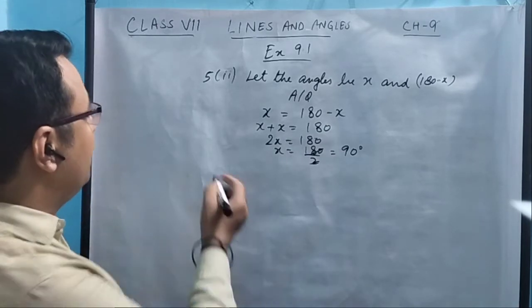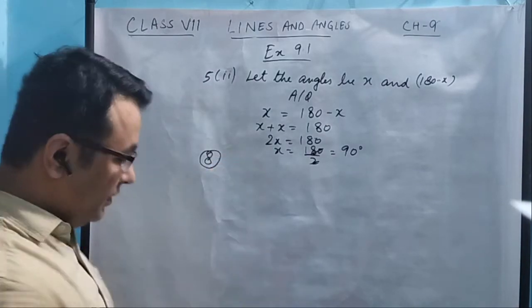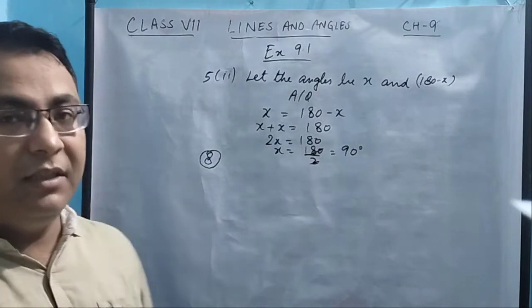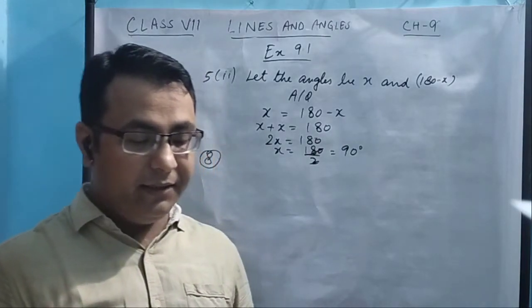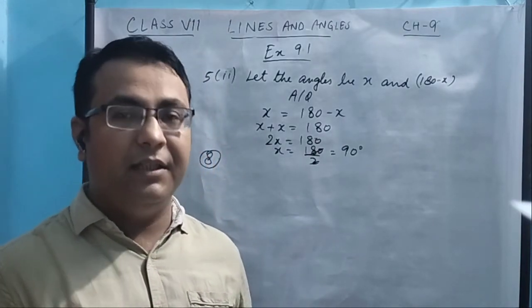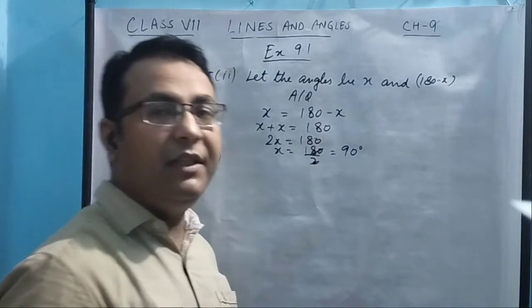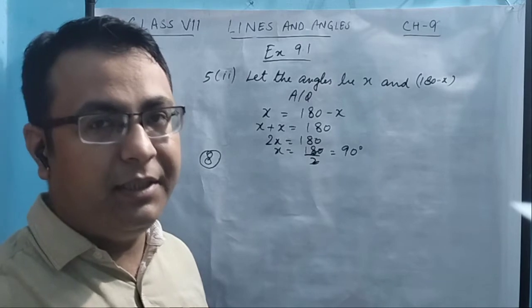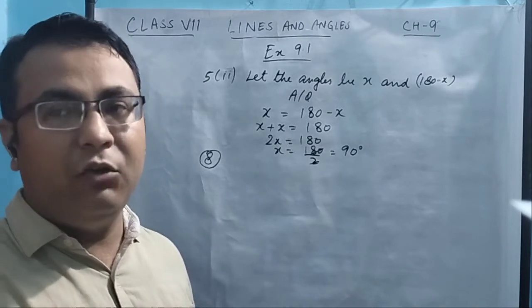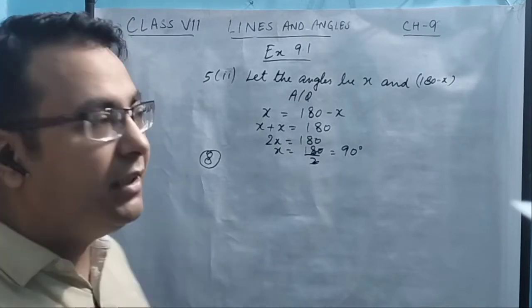Now next let us move to question number 8. Question number 8 says among two supplementary angles, the measure of the longer angle is 44 degree more than the smaller angle. So two things are given in the question, that the angles are supplementary and the longer angle is 44 degree more than the smaller angle.